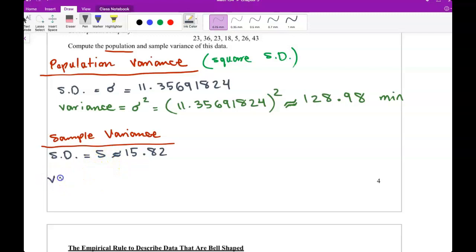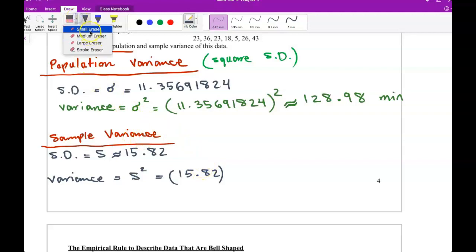So variance is, so that is equal to 250.2724.